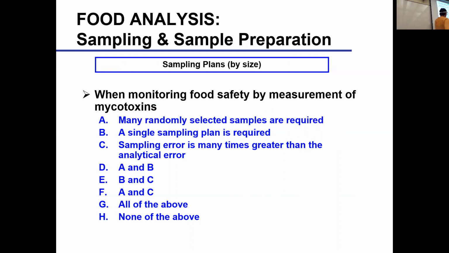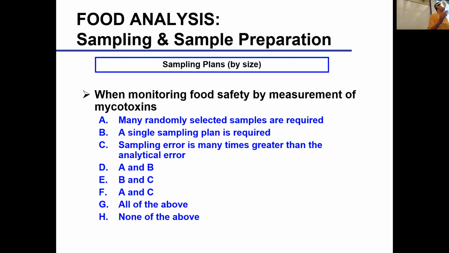A and C, yes. So C is very important in this case, because if you make a sampling mistake and then you found that, oh, I don't have aflatoxin, and you accept it, but in fact you do have it, that's a greater risk on the consumer. So in this case, sampling error is many times greater than analytical error, because usually when you measure aflatoxin, you're probably doing an HPLC-MS method.